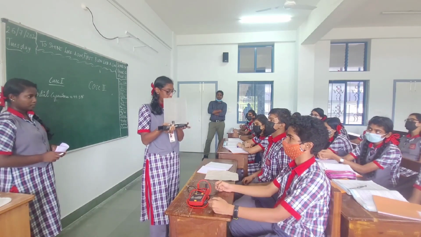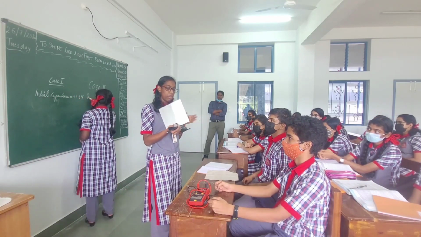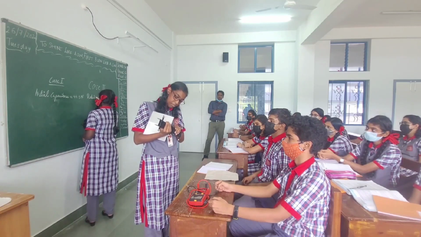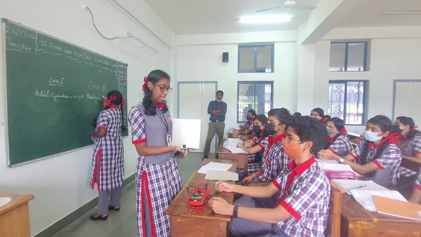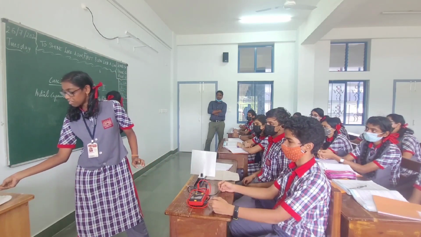Now we are going to case 2. For that we are reducing the distance to half of the initial value, that is about 4 millimeter, and then we introduce a dielectric medium of dielectric constant 5.